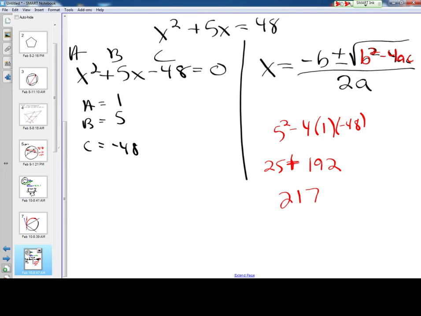I know it feels like we did all that work for nothing, but no. Because what's your second option? If you can't factor it, then you have to go with the quadratic equation. And I already did the hard part of the quadratic. All I need to do is go opposite of b, which is negative 5, plus or minus the square root of 217, over 2 times a, which is simply 2. So it's not a waste of time.